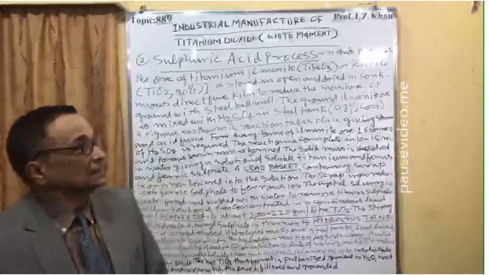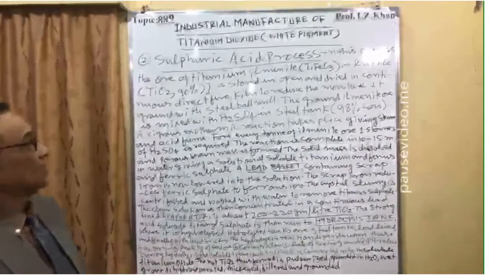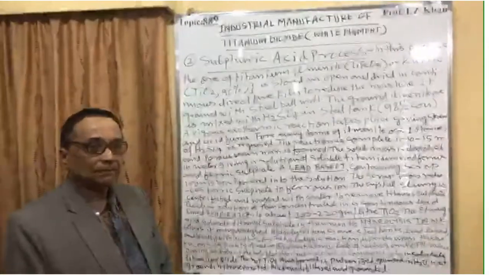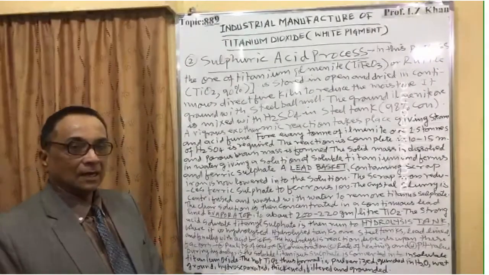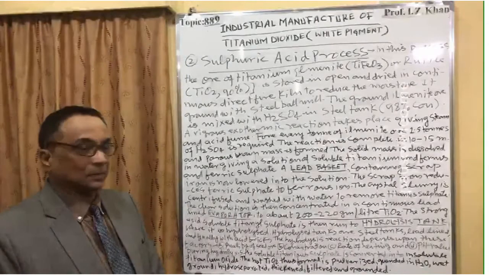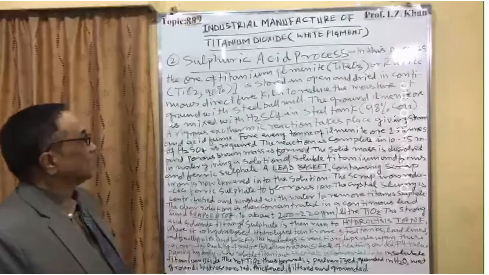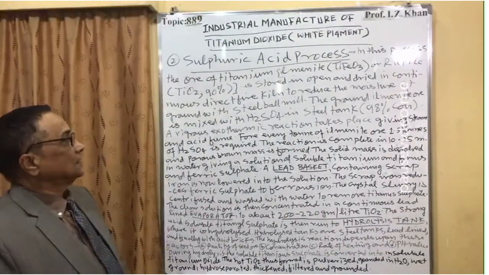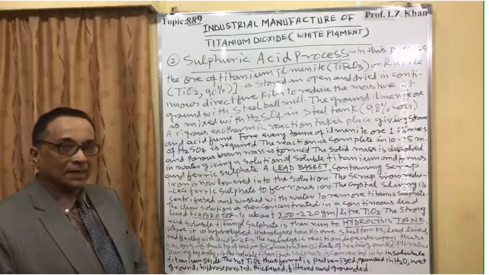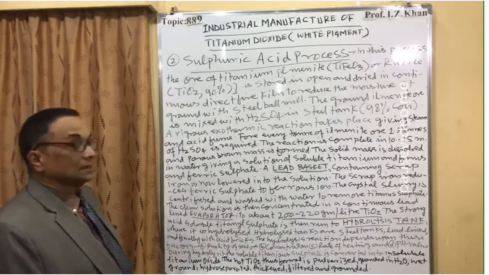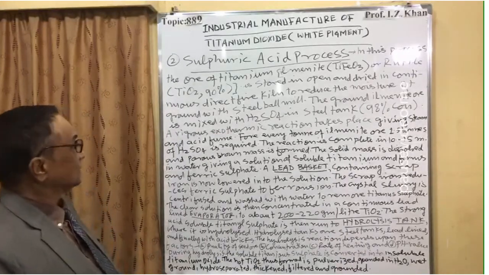So now the second is the sulfuric acid process of industrial manufacture of titanium dioxide, the super class white pigment. In this process, the ore of titanium, mainly ilmenite, is used, or rutile, that is titanium dioxide, which contains 90% titanium dioxide.